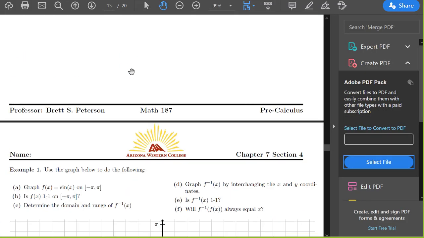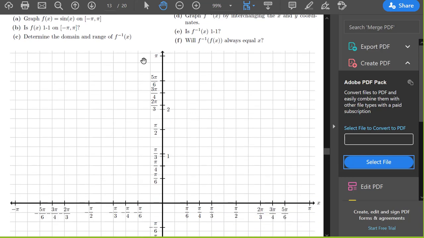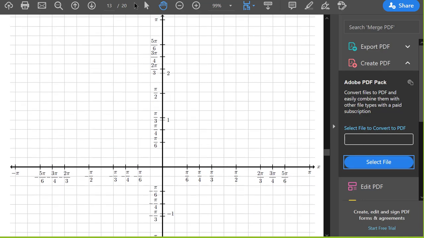All right, so in chapter 7, section 4, we're going to be talking about functions and their inverses.